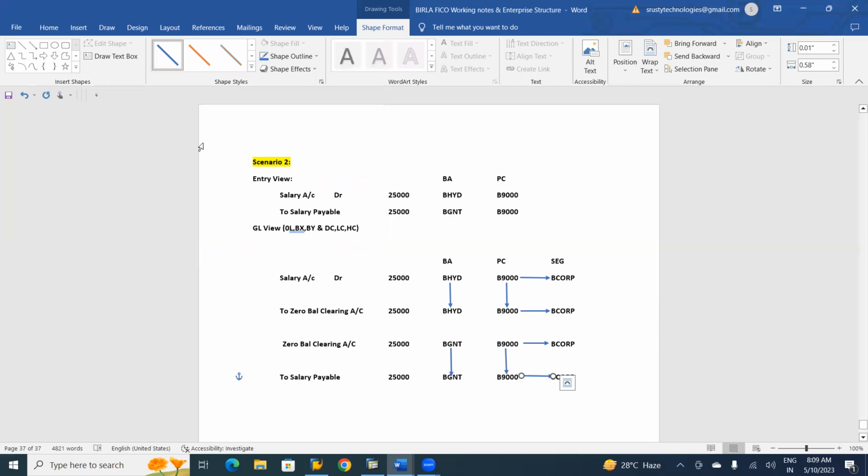Yes. Any questions? Here, it's a wrong arrow I have selected, because it will be updated from debit to credit.